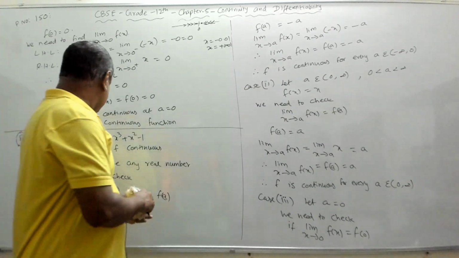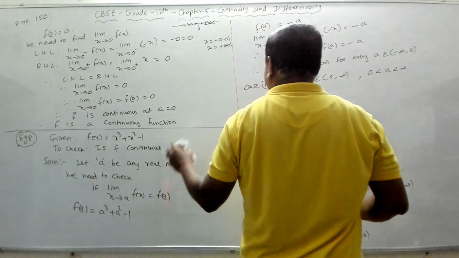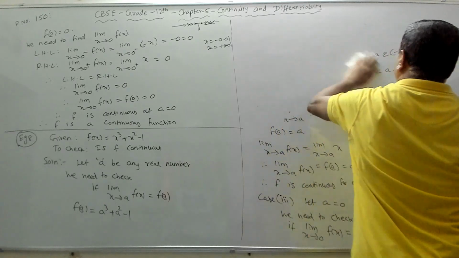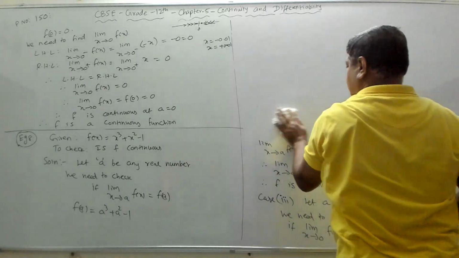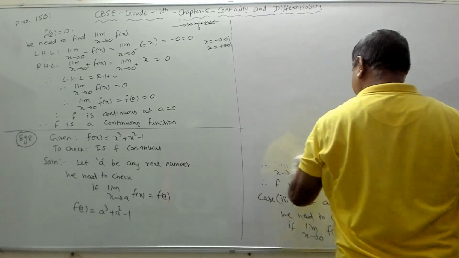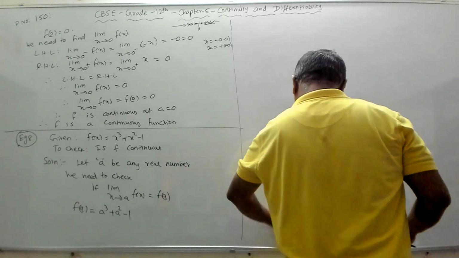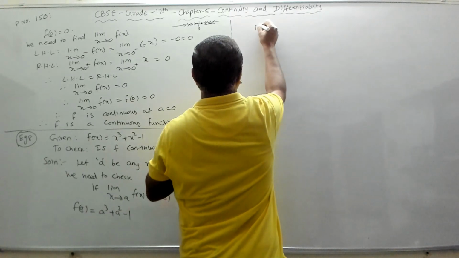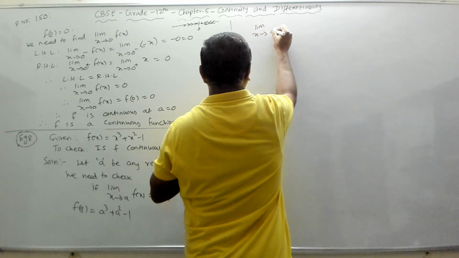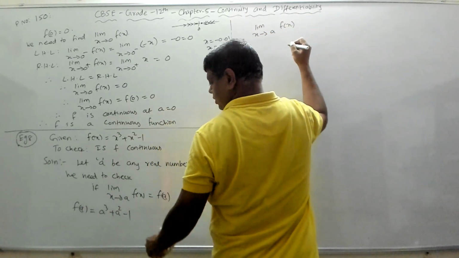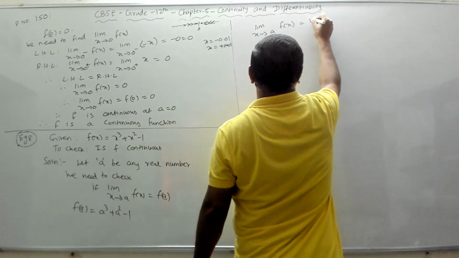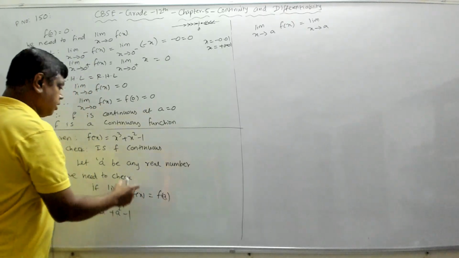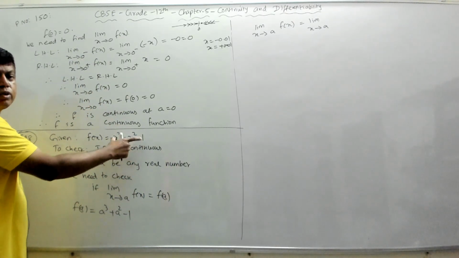Now what is our limit x goes to a, f of x? We must find that. So limit x goes to a, f of x, we have to find. f of x is x cube plus x square minus 1.